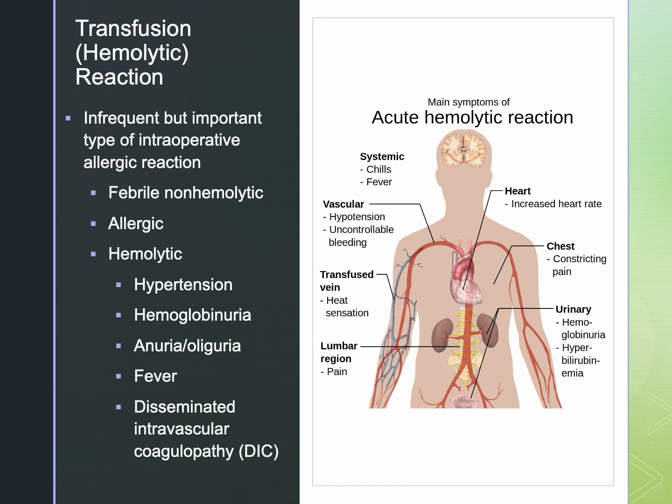But this increased clotting is going to deplete the platelets and those clotting factors needed to control bleeding. And that is going to lead to a reverse effect, which is excessive bleeding. Hemolytic reactions are first treated by discontinuing the blood product, followed by control of hypotension. Diuretics may also be administered to maintain kidney function.